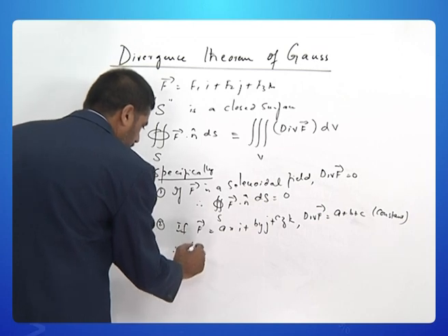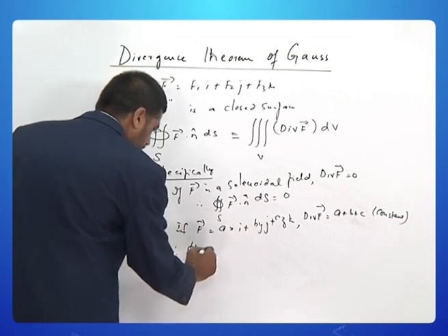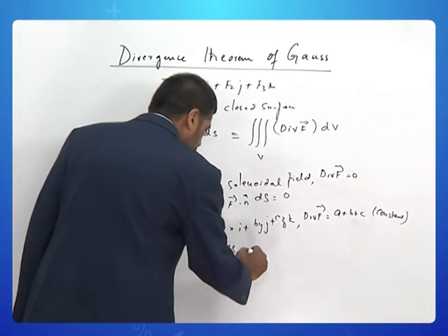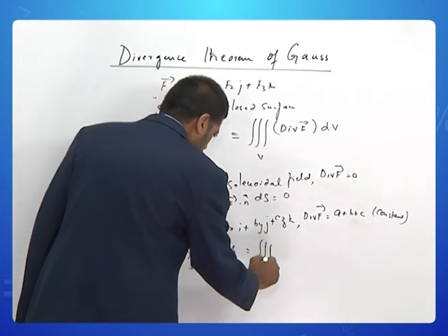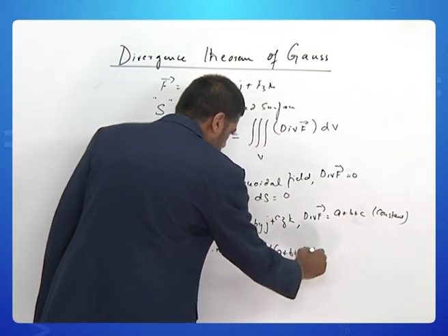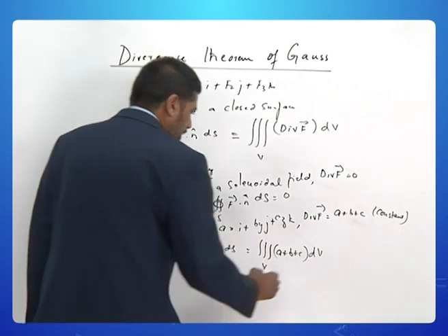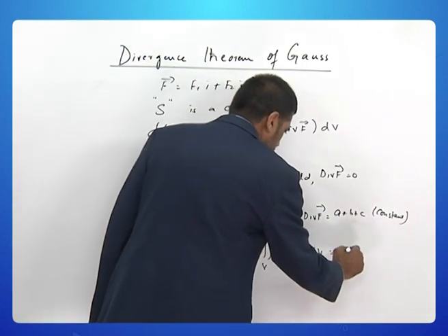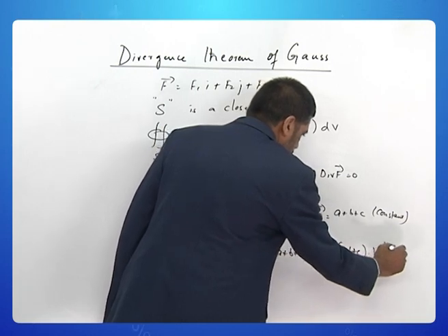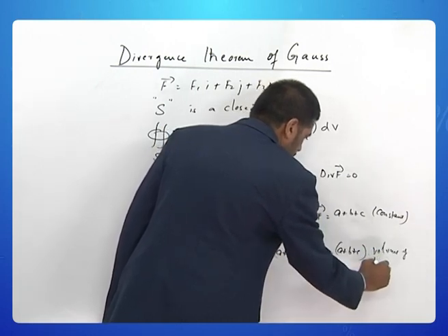Therefore, the closed surface integral F dot n cap dS would be the triple integral or volume integral of (A plus B plus C) dV. This is nothing but (A plus B plus C) times the volume of the solid.